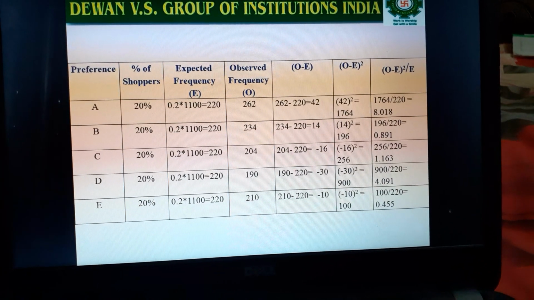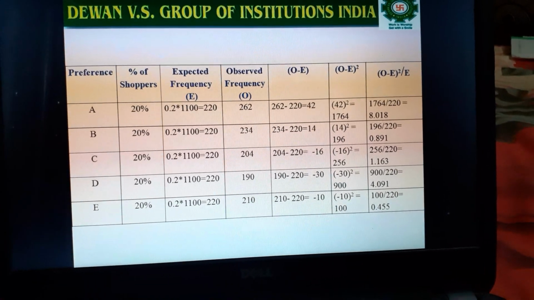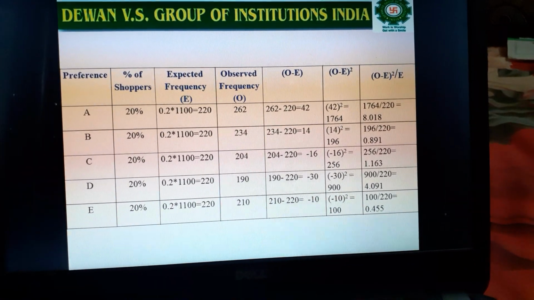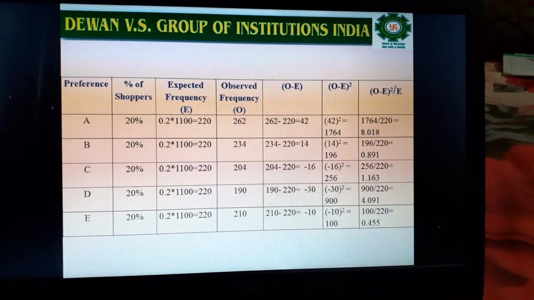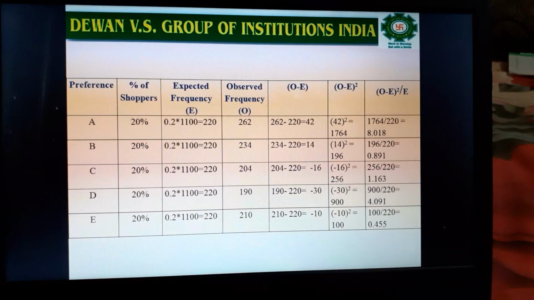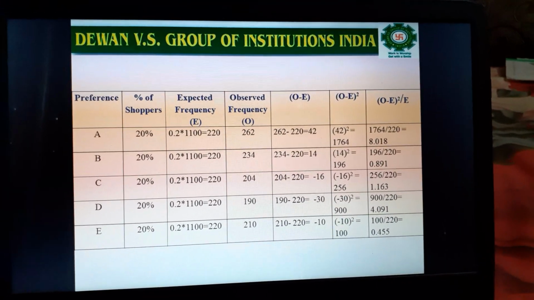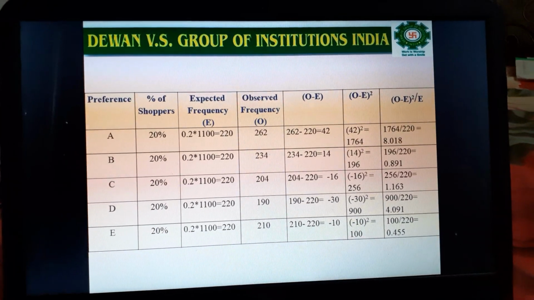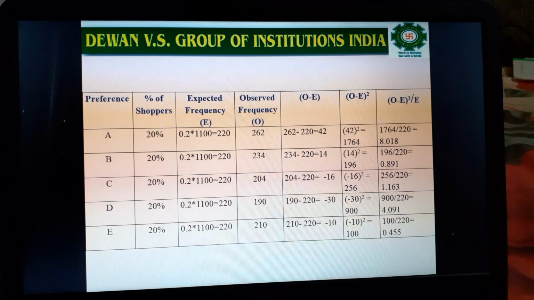For store B, 234 minus 220 is equal to 14. For store C, 204 minus 220 is equal to minus 16. For store D, 190 minus 220 is equal to minus 30. And for store E, 210 minus 220 is equal to minus 10.